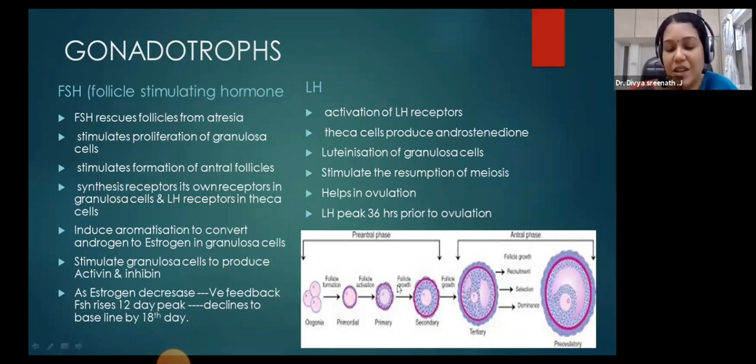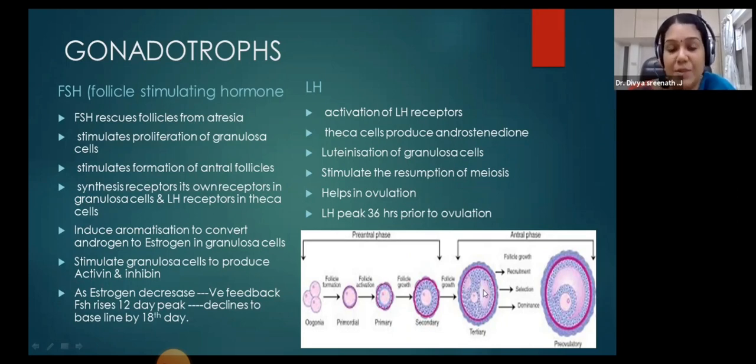Again, the granulosa cells divide rapidly, and a space develops in between. This space is known as the antrum. The antrum contains a lot of fluid, known as antral fluid or follicular fluid.